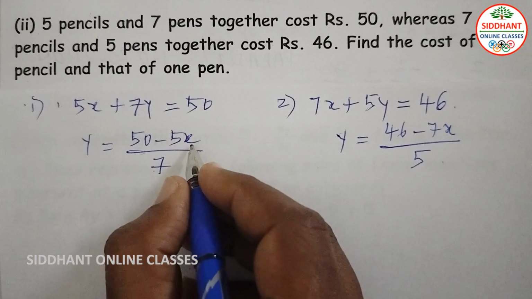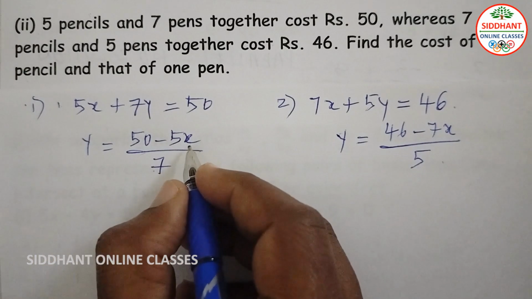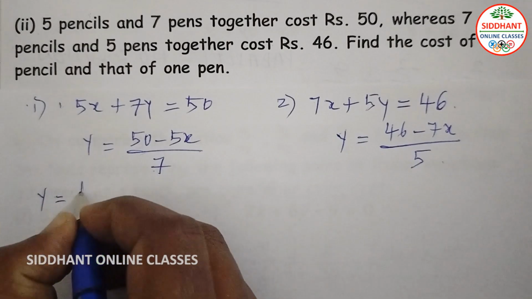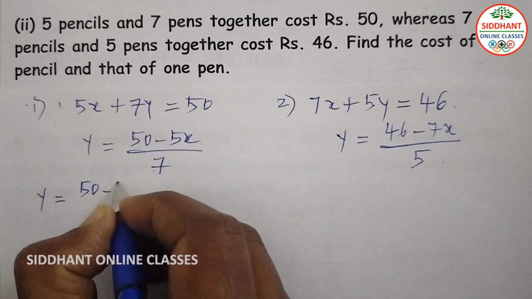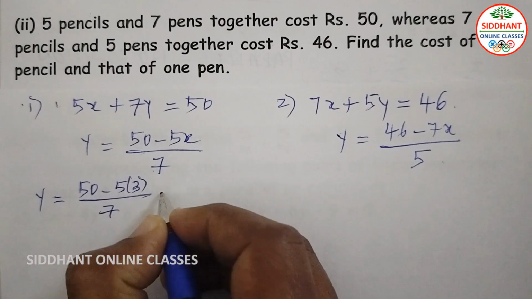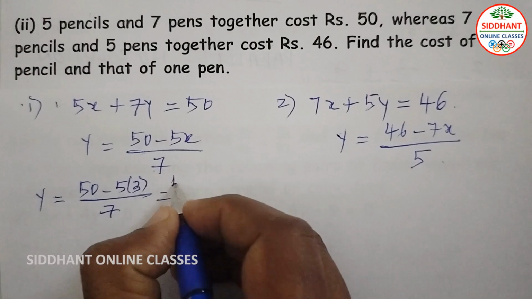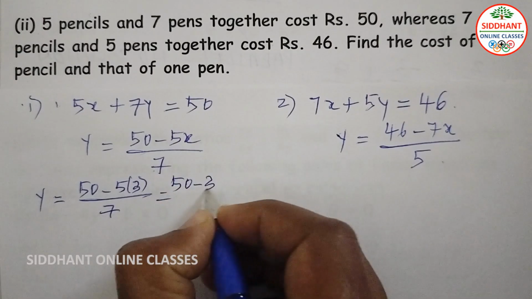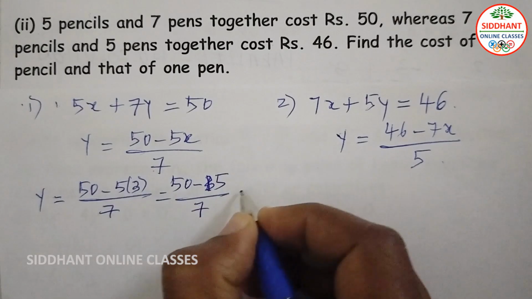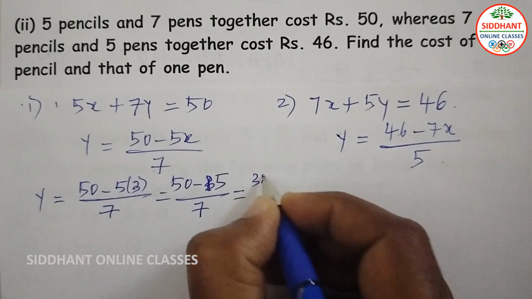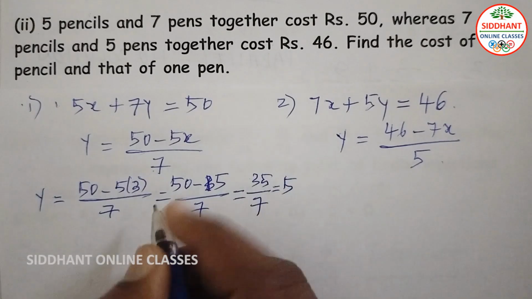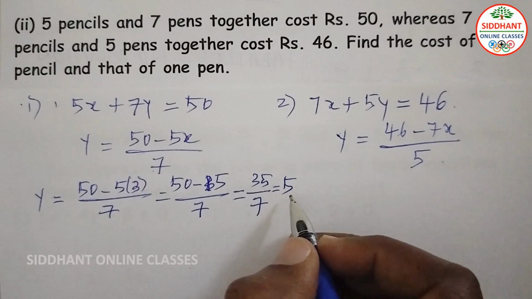If you keep 3 in x place, we get (50 minus 5 into 3) by 7. That is (50 minus 15) by 7, equal to 35 by 7, which is 5. If x is 3, y will be 5.